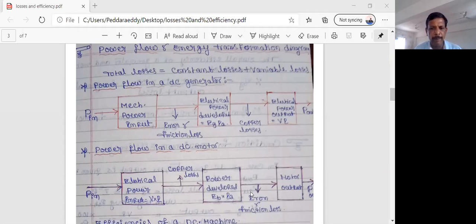Power developed in the armature minus iron and friction loss, we get motor output. Motor output is in the form of rotational power or rotational energy, or simply we call it mechanical output.